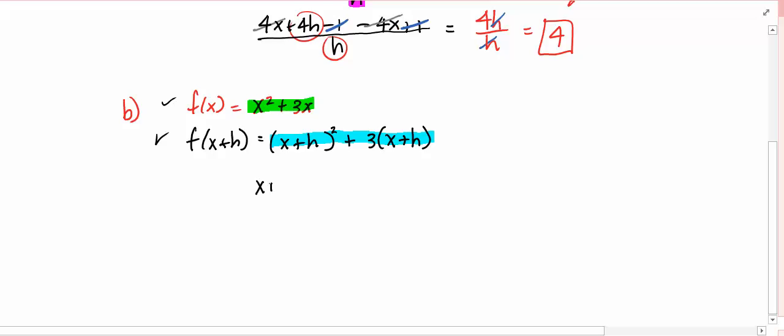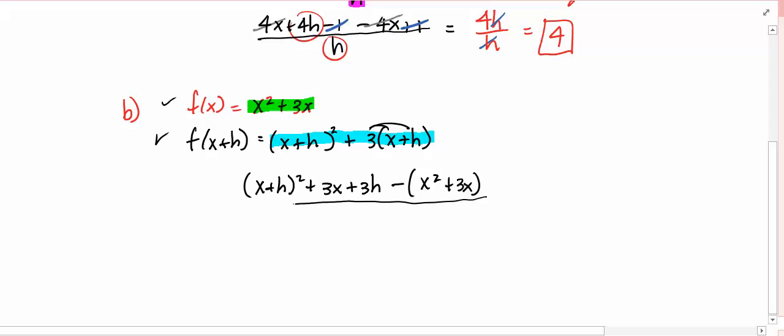Here we are. Plus x plus h squared plus 3x. I'm going to go ahead and distribute that. So there's that, and then I'm going to go minus. Now I do have to put that second one in parentheses because it's a binomial, and I have to just remember to distribute the negative, all of that over h. Now, believe it or not, yes, we do have to FOIL this right here.